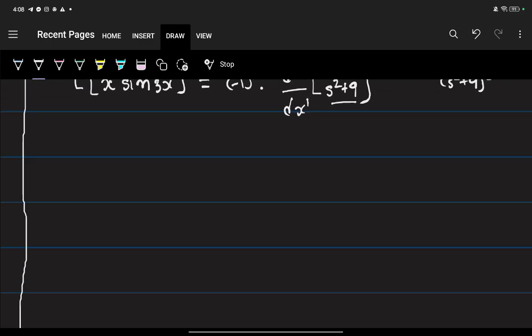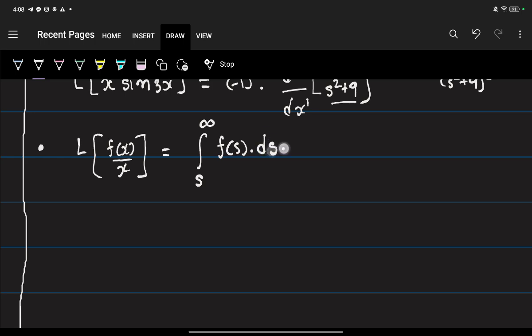Okay, let's move on and talk about the next property: what will be the Laplace transformation of f of x by x? It is simply the integral from s to infinity of the Laplace transform of that function with respect to s.